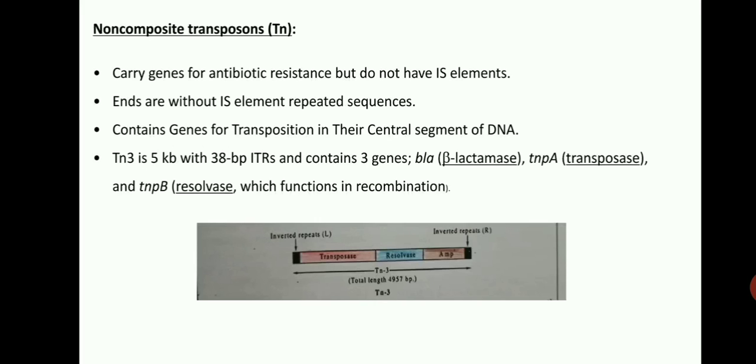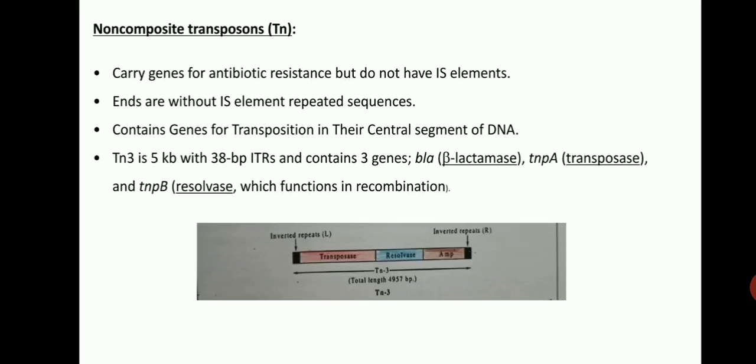This is the main difference between composite and non-composite transposons: they lack IS elements at their ends, but contain inverted repeats instead of IS elements at both ends. Here in this image you can see the inverted repeat L and inverted repeat R, L indicates left and R for right.